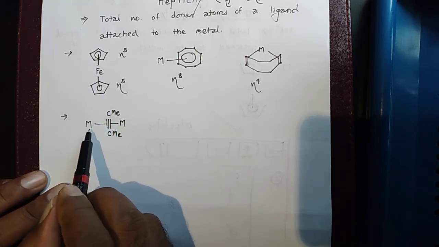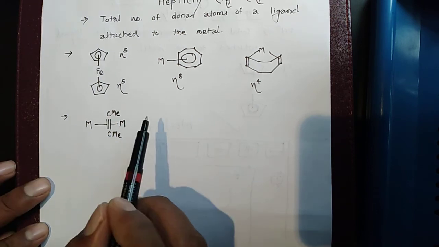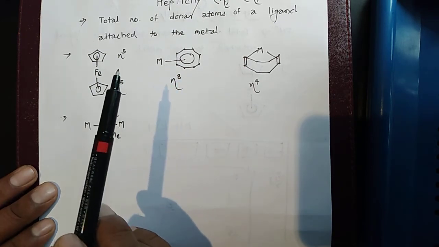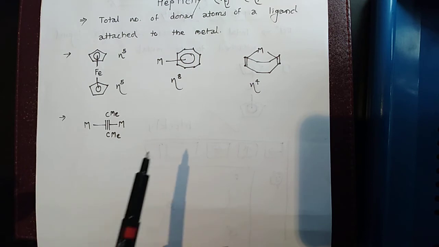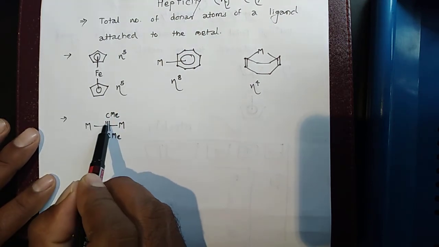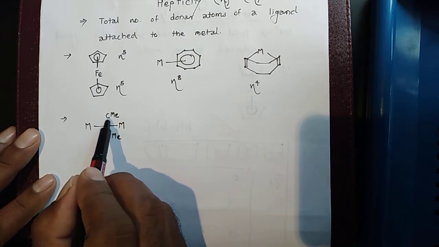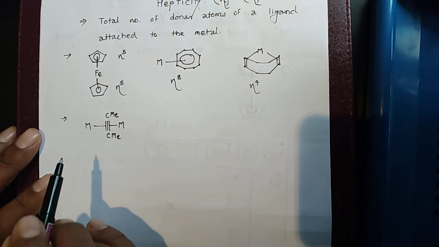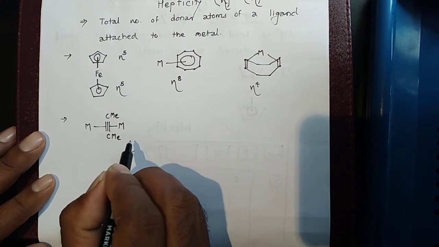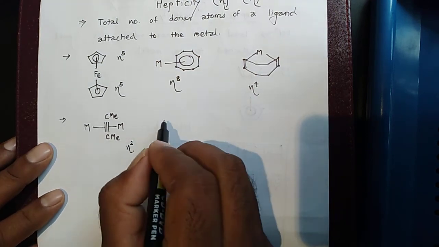So whether we have to consider both metal and ligand or only the ligand? To calculate the hapticity, we have to only think about the total number of donor atoms of a ligand. So for this ligand, the total number of donor atoms is only this carbon and this carbon. So the hapticity of this ligand is 2 only.